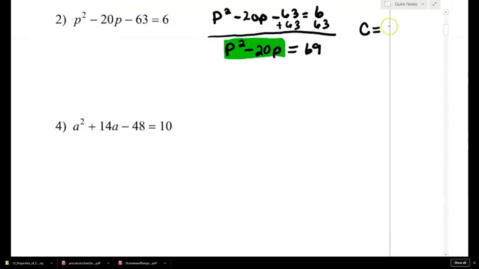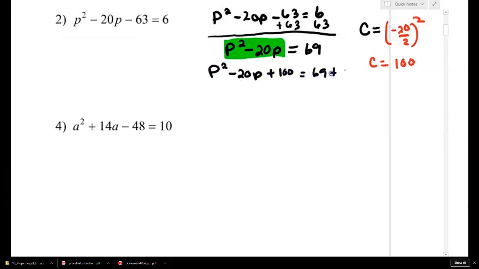So C is going to be negative 20 divided by 2 squared. So C is equal to 100. So I have p squared minus 20p plus 100 is equal to 69 plus 100.